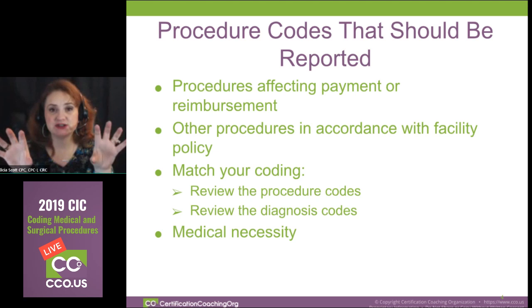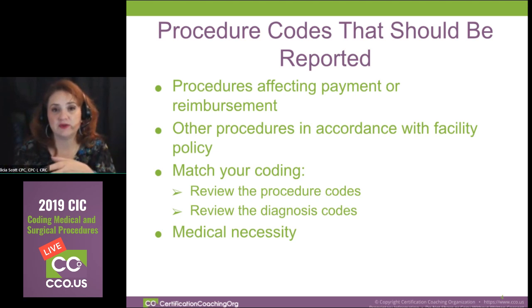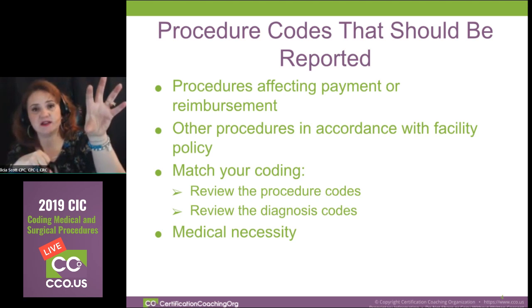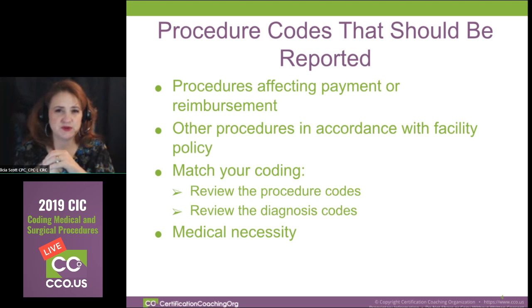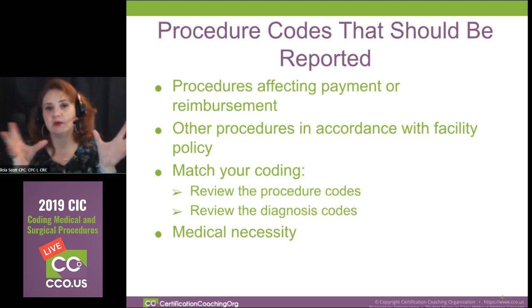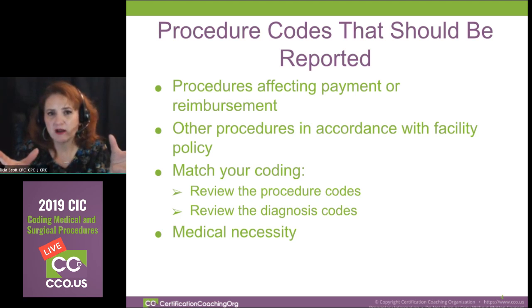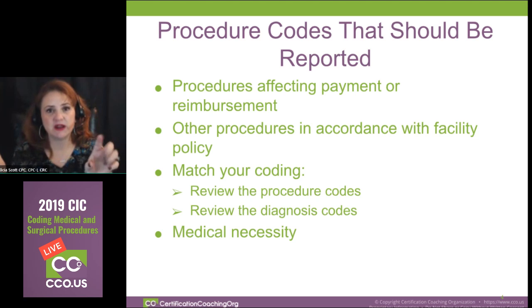If they don't match, it's not going to make any sense to your payer. And they're going to say, well, how come it costs $50,000 to take care of this patient with a foot ulcer? Well, because he was diabetic. Oh, okay. Well, that's $10,000 normally. So why did it cost more? Oh, well, because he had gangrene. We've got to match that up. We've got to link that up.